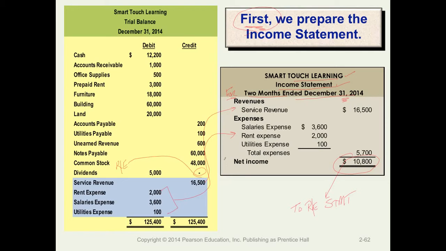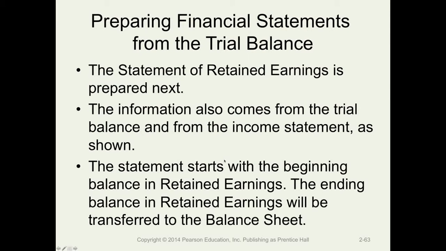So we need to prepare the income statement first because it's necessary to get net income to help us prepare the statement of retained earnings. So the statement of retained earnings, of course, is next, and information for that comes from the trial balance as well as from the income statement. And then, of course, that ending balance of retained earnings is going to go into the balance sheet.